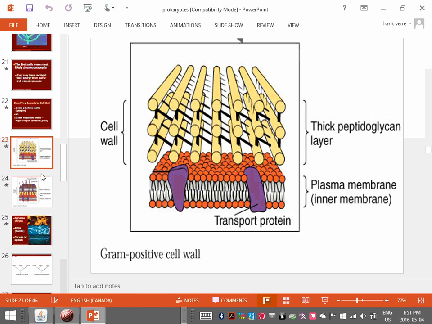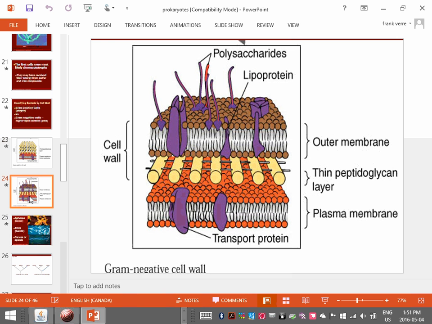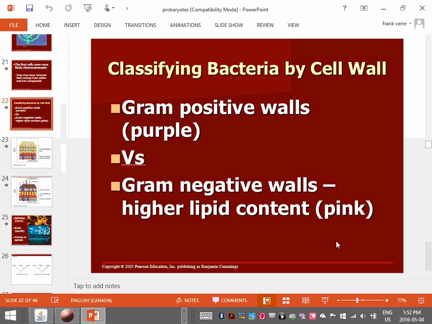But if you have a gram-negative bacteria, you add the crystal violet, then you add the alcohol. The problem is because this membrane is so thin, it doesn't protect the crystal violet, so the alcohol washes it away. Then you add a chemical called safranin, which is pink. So when you wash away the purple and add the pink, the bacteria ends up becoming pink. So when you do the experiment, if the bacteria ends up being purple, you know it has a very thick wall, and if it ends up pink, it has a very thin wall.